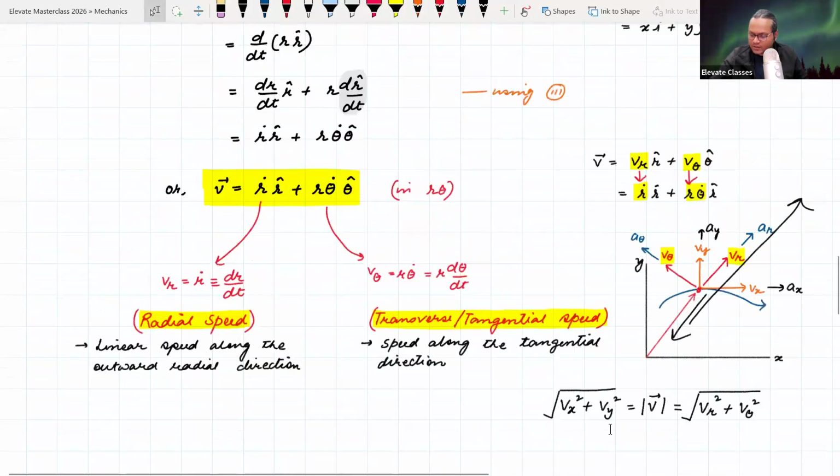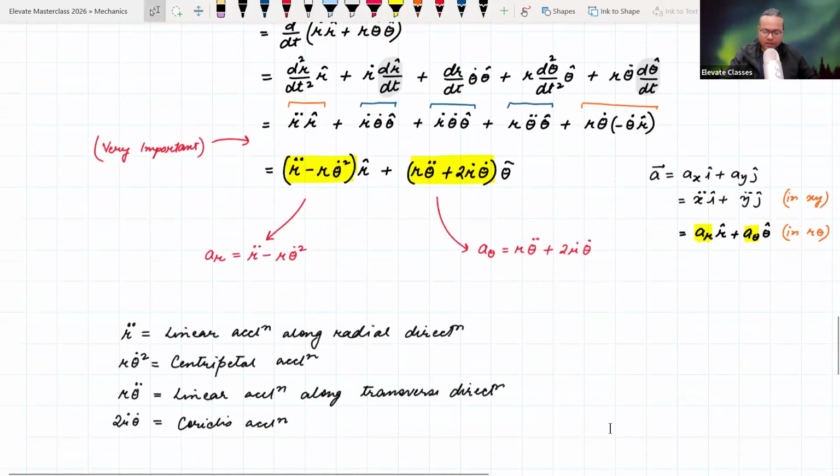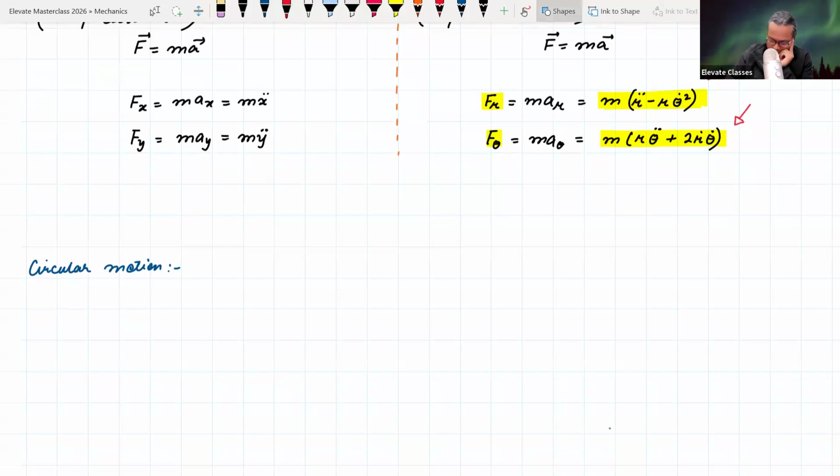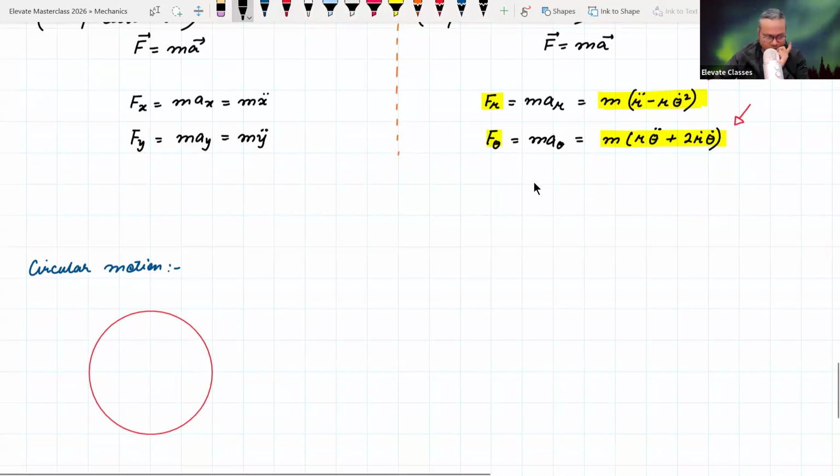Okay. Now coming to circular motion, the relationship between v and omega, we can also derive that. जल्दी से मैं derive कर देता हूँ. Circular motion. If motion is purely circular, okay, so let's say this is r, this is r, theta, and so on.